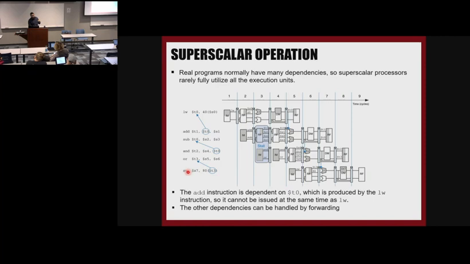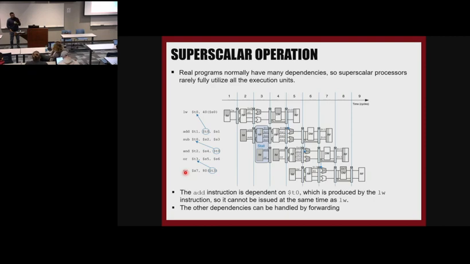Right? So what is the IPC for this one? Can we calculate the IPC? How many clocks do we need for running the computation? 5 clocks. How many instructions do I have here?